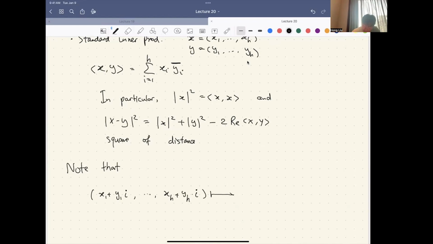You can map this to just get rid of i and split x_i, y_i. This is an isometry. This is a distance preserving bijection.